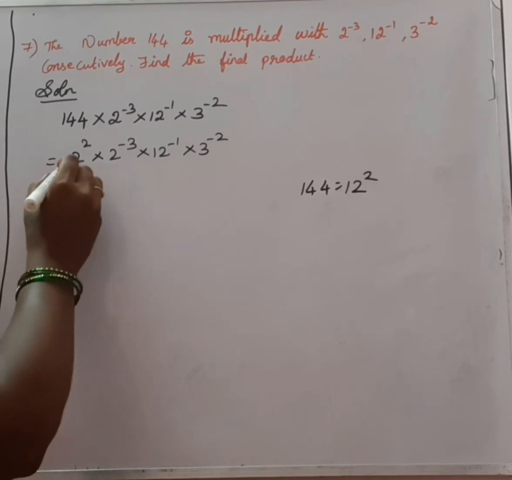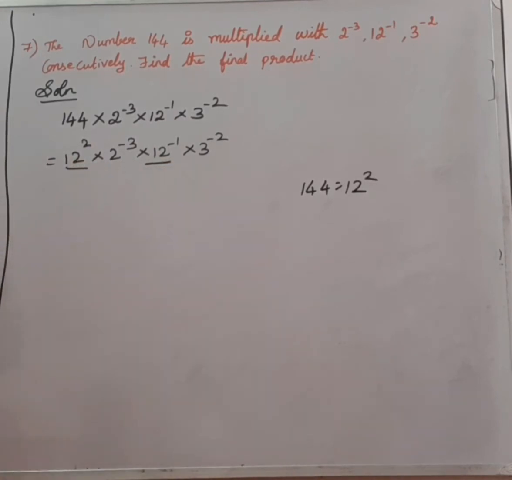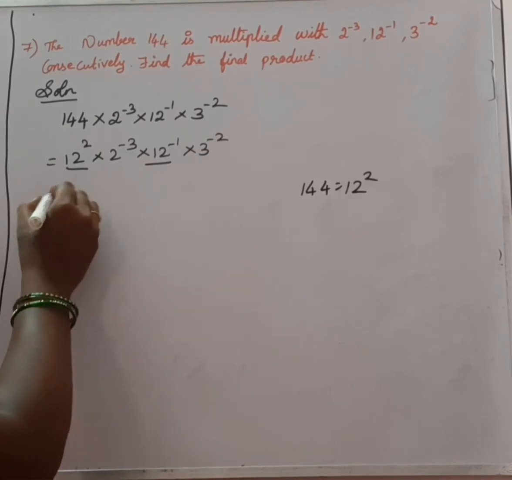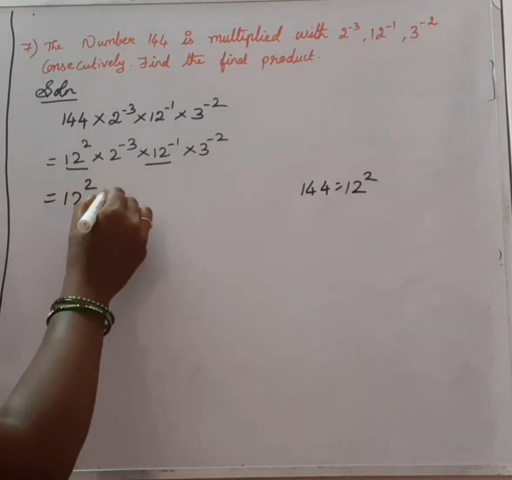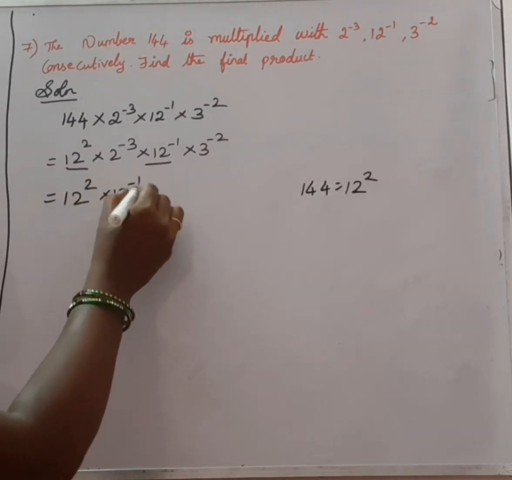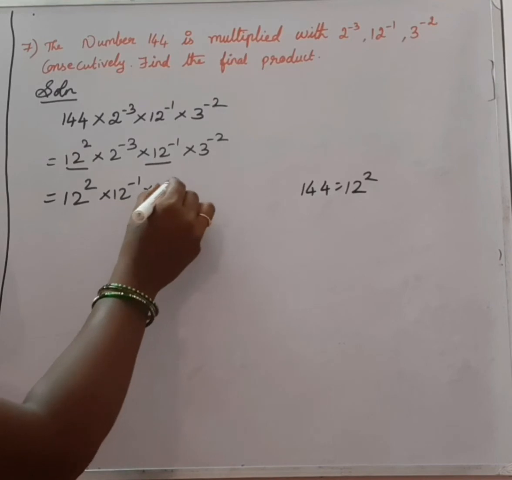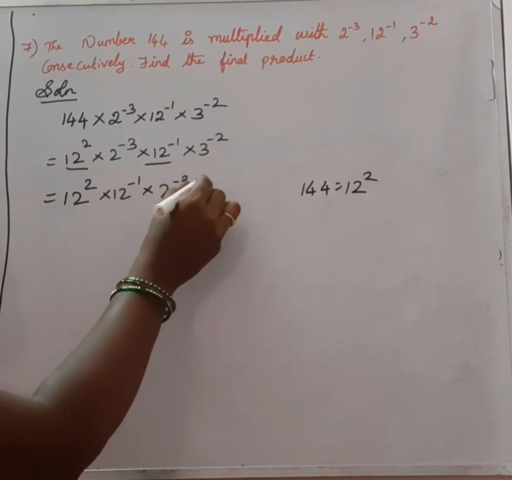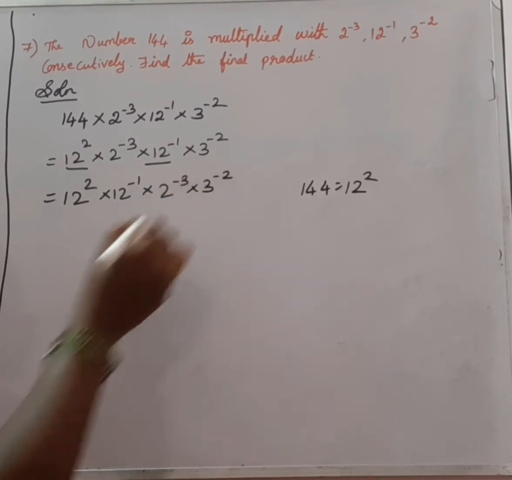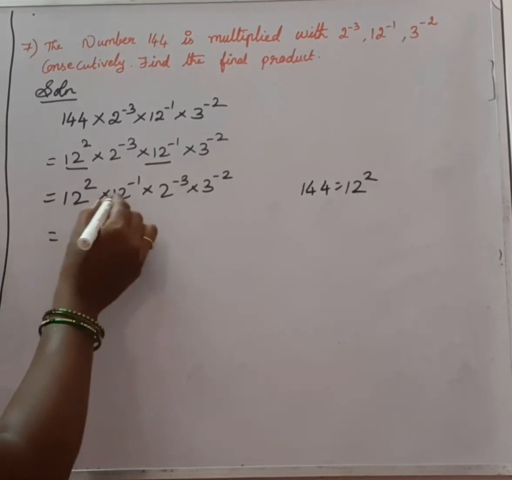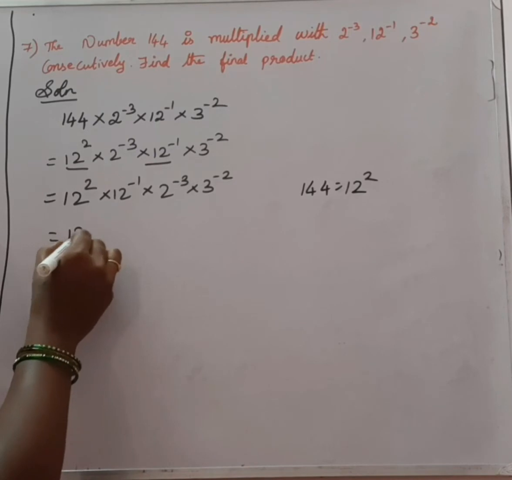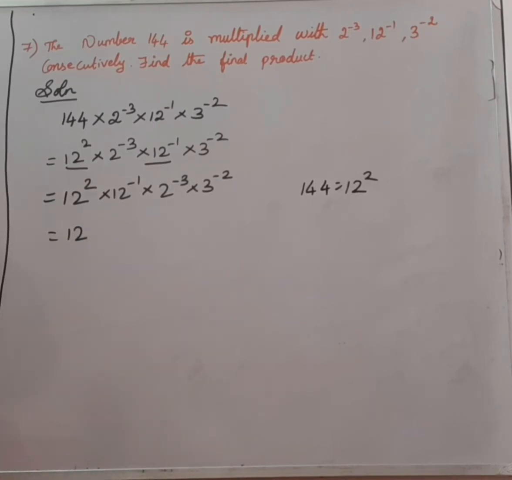Now we have two bases as 12. So first combine that one: 12 power 2 into 12 power minus 1 into 2 power minus 3 into 3 power minus 2. Now here it is a multiplication, so what do we want to do with the exponents?